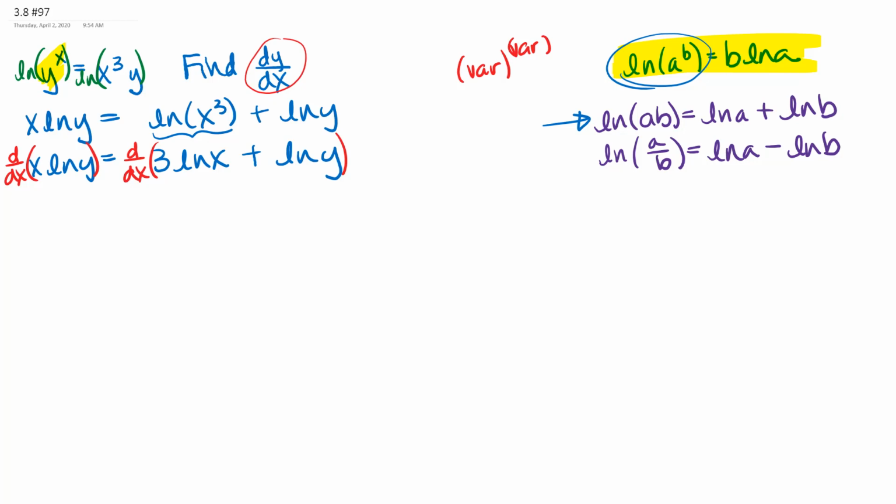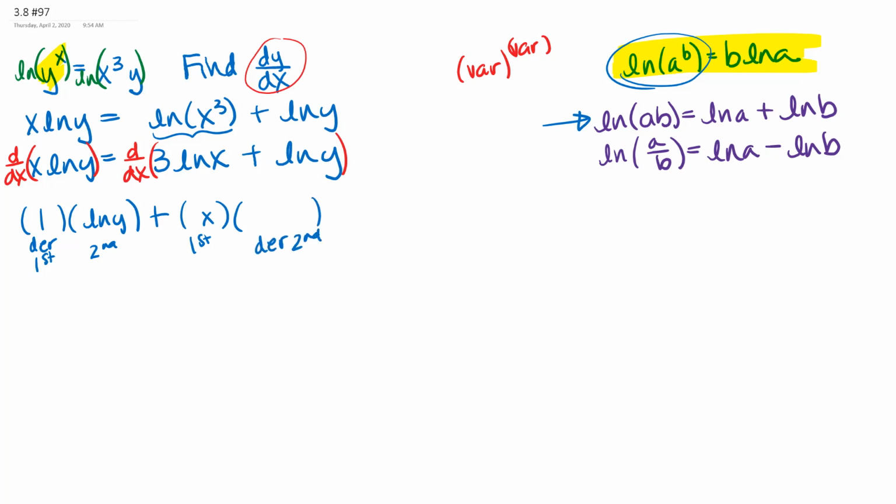On this left side, I'm going to need product rule because I have the product of x times ln of y. So I'll go ahead and write out some structure here for product rule. So I'm going to have the derivative of the first, so that's the derivative of the x, which will just be 1, times the second function, so that'll just be ln y, and then plus the first function, that's just x, times the derivative of the second.